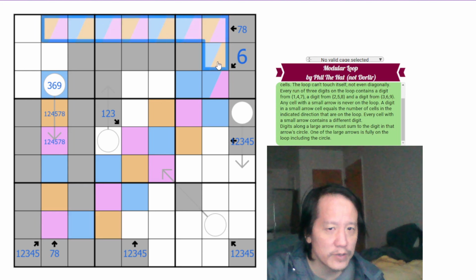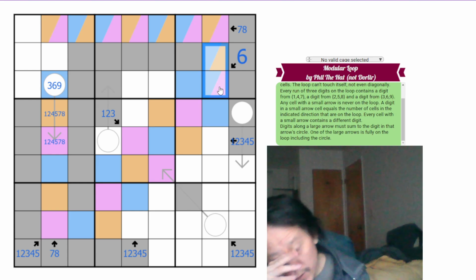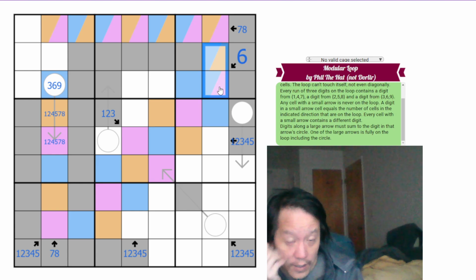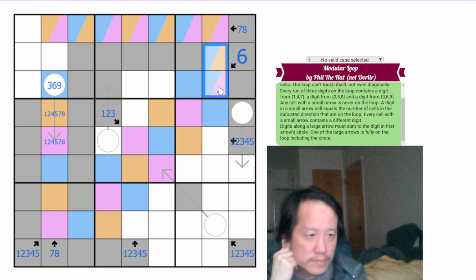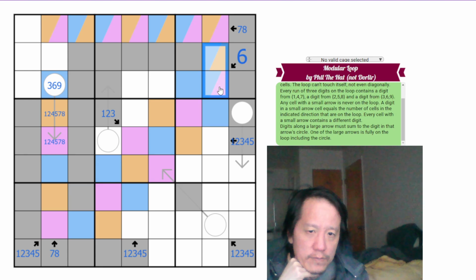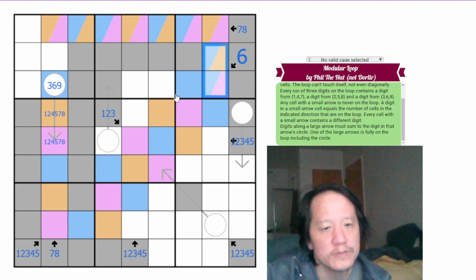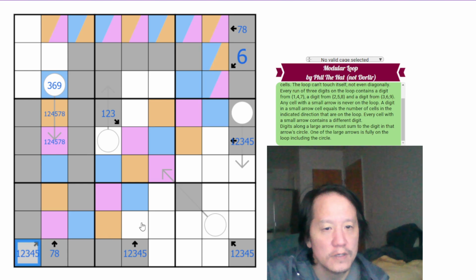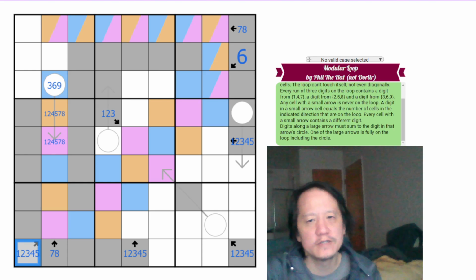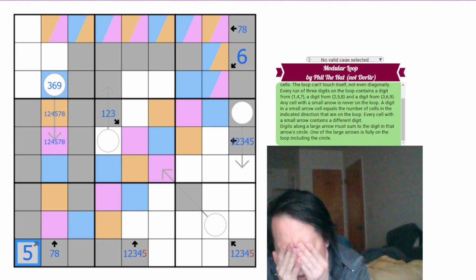This one has to go here, which means it has to go here. It can't double back, so it must go here. Yeah, this just doesn't seem to work. Why doesn't this work?